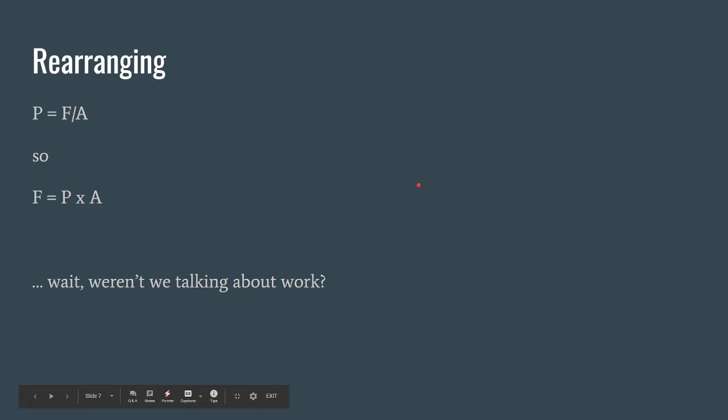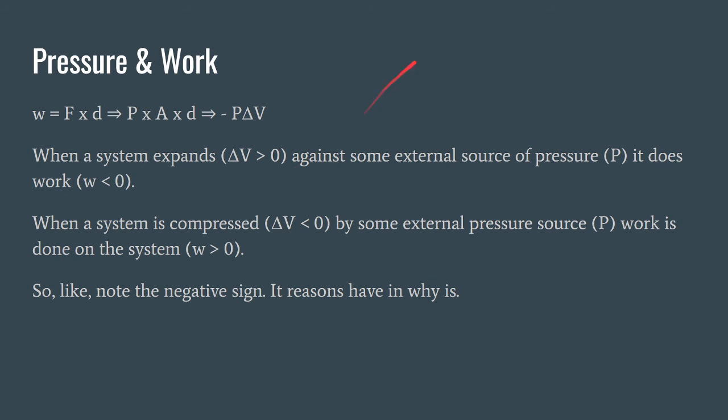All right. So, pressure is equal to force over area, meaning that force is equal to pressure times area. Weren't we talking about work? Yes, we were. Remember, work is force times distance. So this is how we are going to be able to get to work. Because when we talk about work in chemistry, we're often talking about pressure work, expansion work, as it's called.